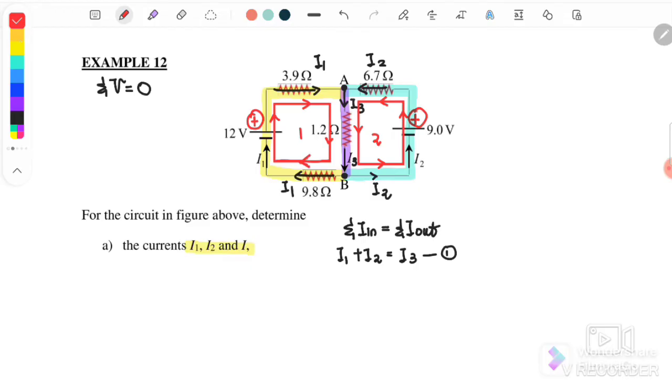The direction of the current and the direction of the loop are similar, so we substitute positive because they are similar. And because it is a resistor, we must minus 9.8, and the current passing through 9.8 is I1.